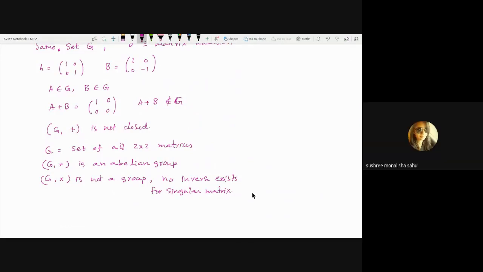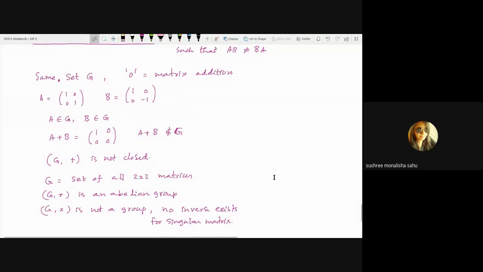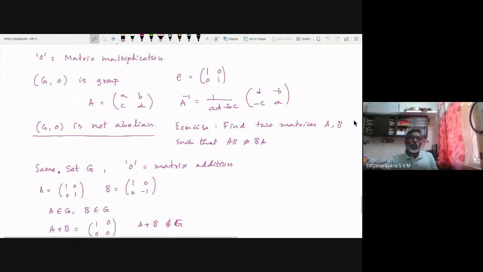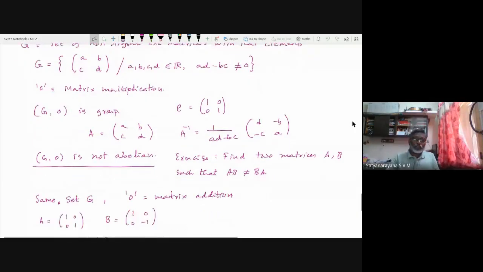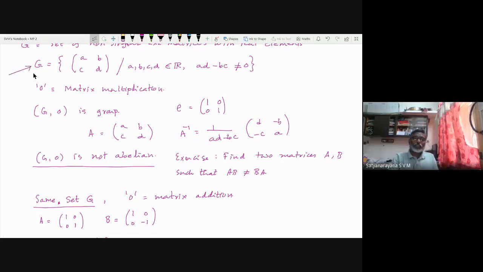Sir, in the previous example that you gave, for matrix addition, whether it is a group or abelian group, I think you did not mention there whether the matrices should be singular or non-singular. No, see, I wrote here 'same set G'. That means whatever set I have defined here. I defined G here as a set of non-singular matrices, and here I said same set G with matrix addition.